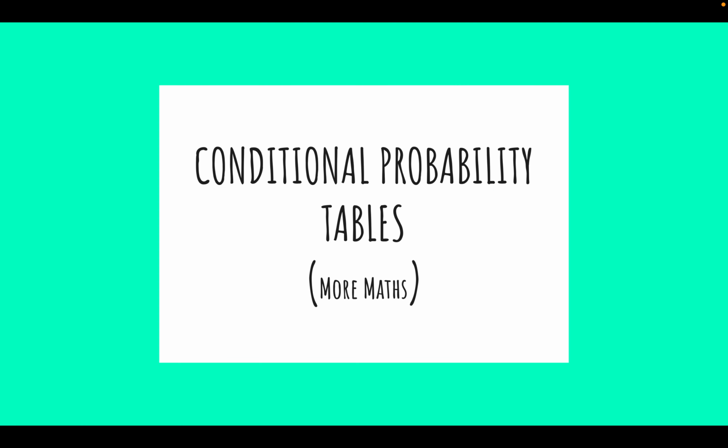So to bring this into more light, we need to talk about conditional probability tables. How do we get this information from a data set? Well, it's quite simple. It's all about counting. I'm going to imagine we had a data set and we counted these things up.